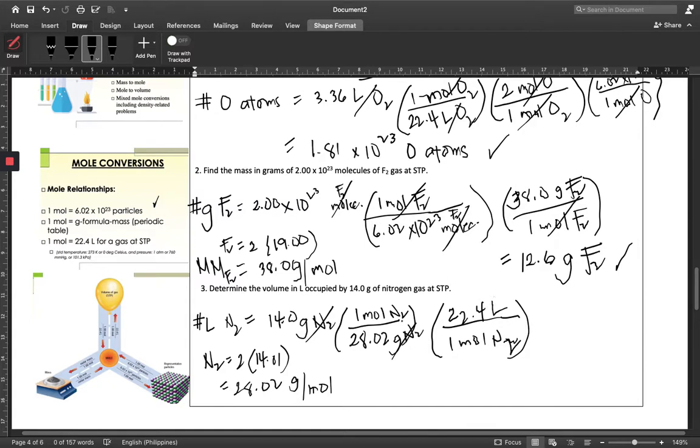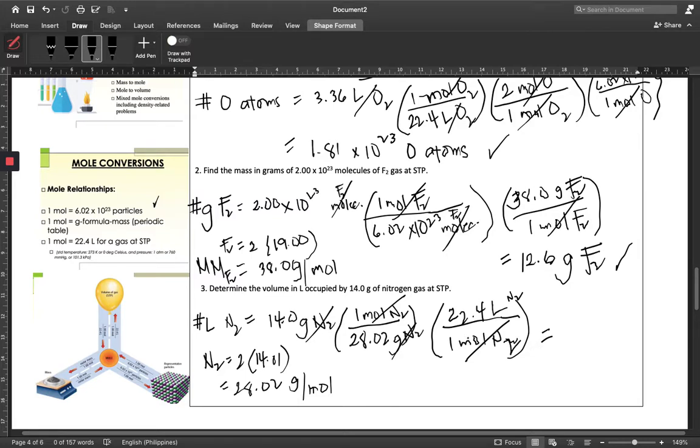Now we get to cancel the number of moles. So we now have the unit of liters of N2. So we are now at our end unit, the unit that we desire. So we can carry on with our computation. That is 14.0 divided by 28.02 times 22.4.